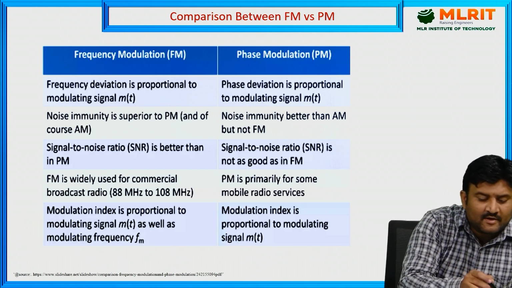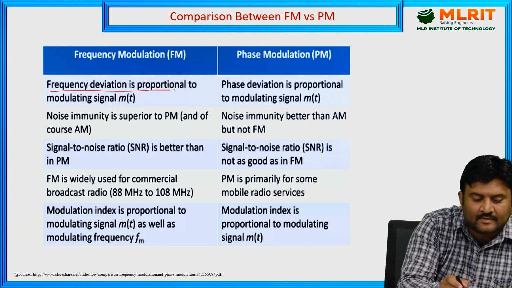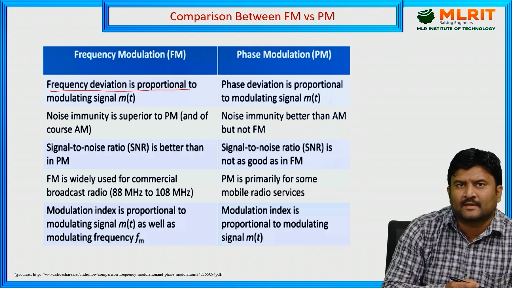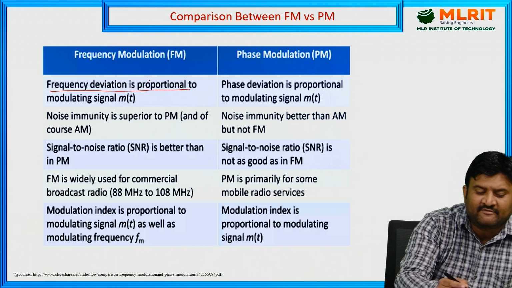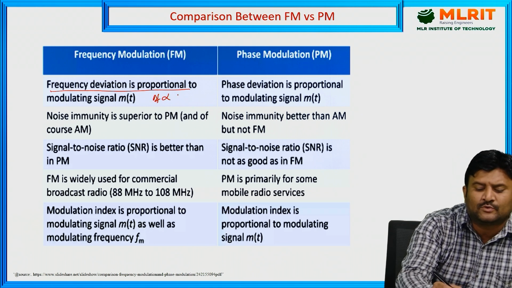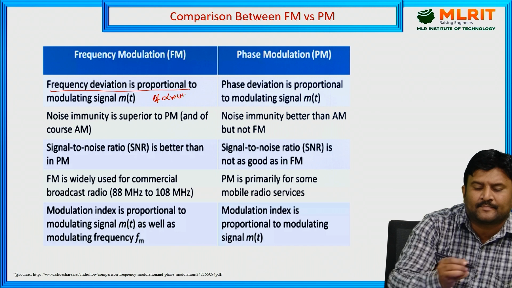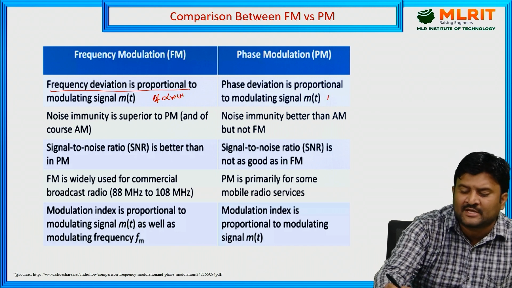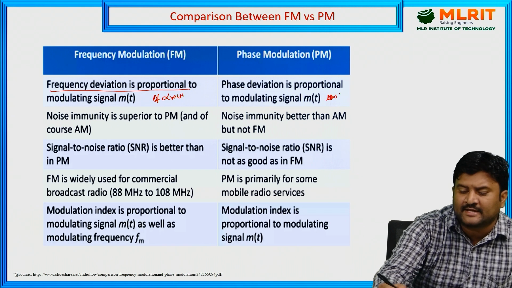In FM, frequency deviation del f is proportional to the modulating signal, and in PM, phase deviation del theta is proportional to the modulating signal.